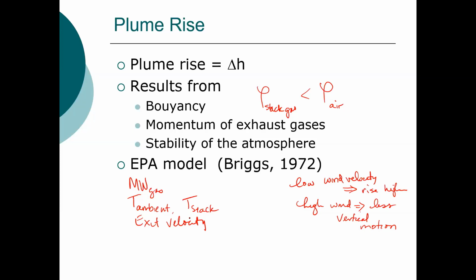Now, we're balancing the height of the plume with, we want it high enough that the concentration at ground level is less than the criteria. At the same time, we don't want it too tall. If it's too tall, that increases cost significantly. But as we mentioned, that tends to transfer the problem downwind.